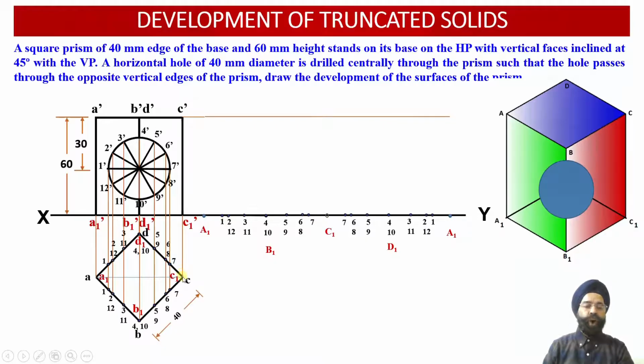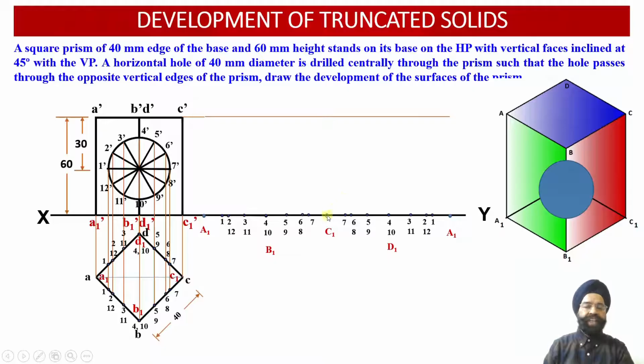As we move from point C to point D, we'll see that the first point encountered is point 7 at this distance, points 6 and 8 will be obtained at this distance, points 5 and 9 will be obtained at this distance, and 4 and 10 will be coinciding with point D over here.